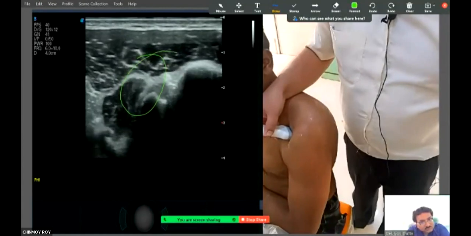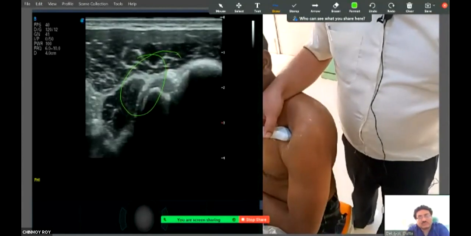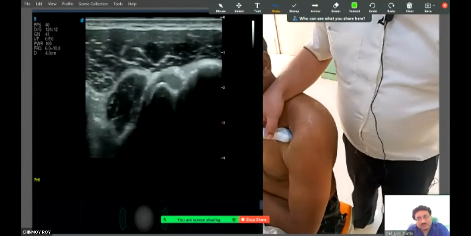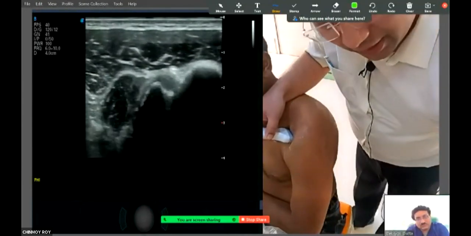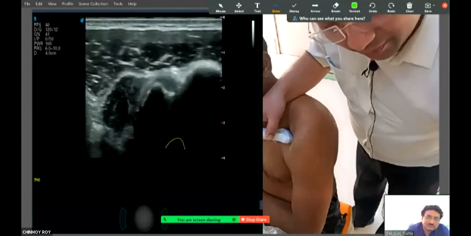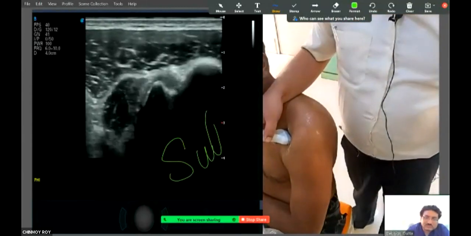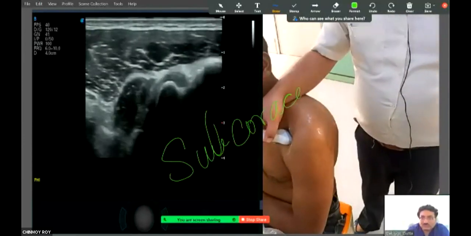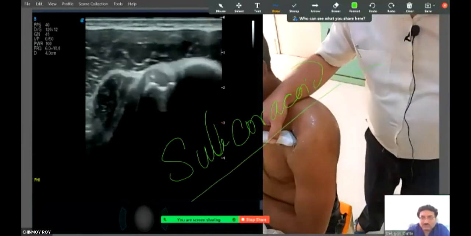So at this position, this movement may not be smooth and the patient may get pain. So this is another impingement, the subcoracoid impingement. I think you have understood this one, yes?